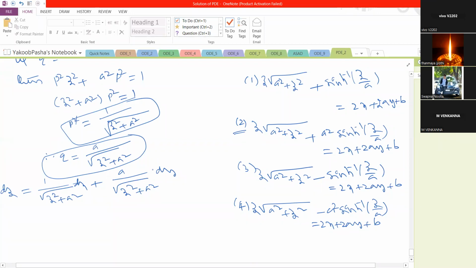Now by cross multiplication, under root of z square plus a square into dz is equal to dx plus a into dy.